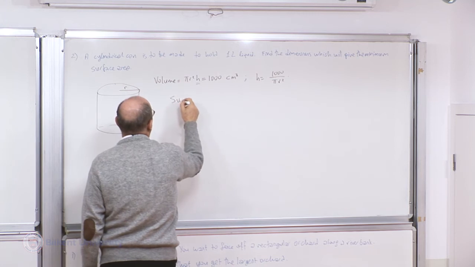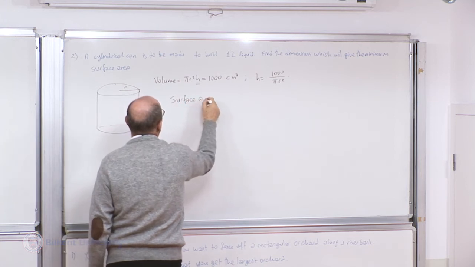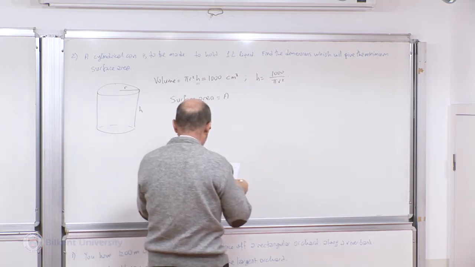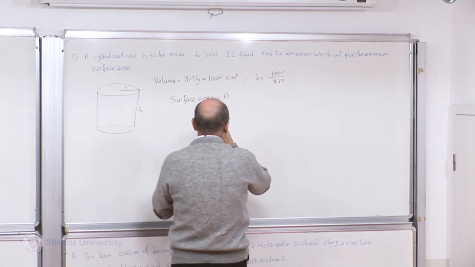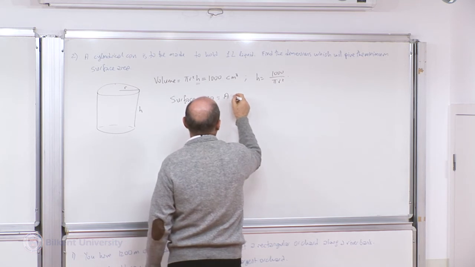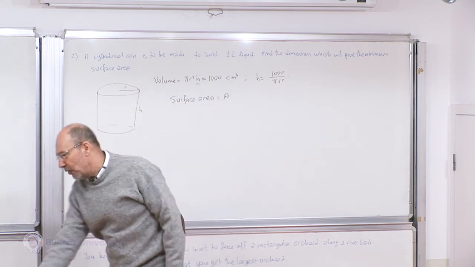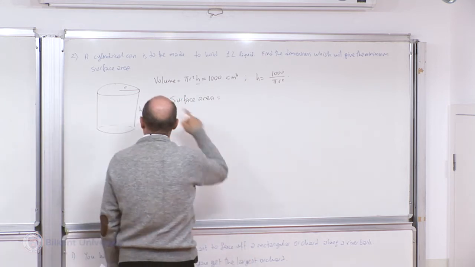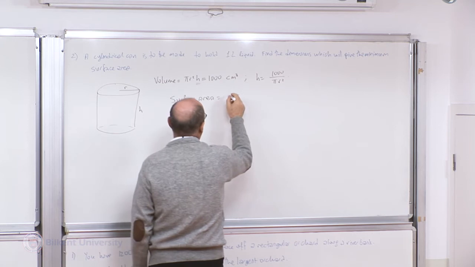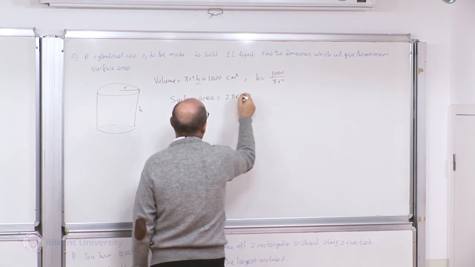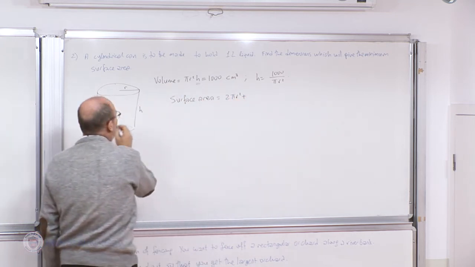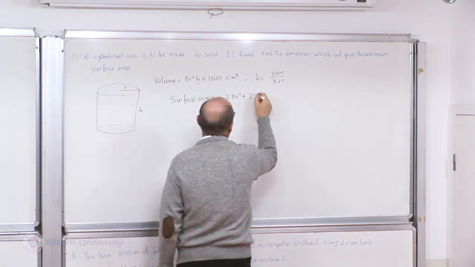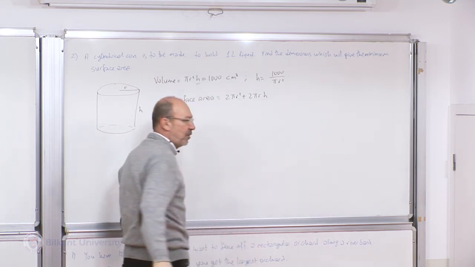Surface area. Okay, surface area is, okay, so let me, before giving a name to this, let us write the surface area. So I have two of these bottoms, 2 pi r square plus the perimeter here times height, 2 pi r times h.